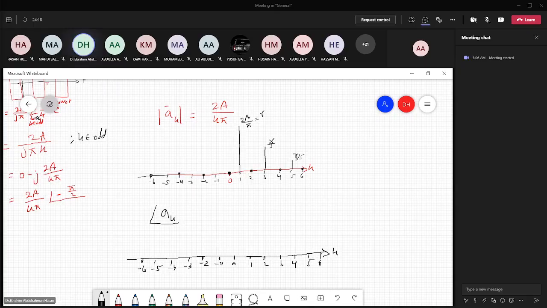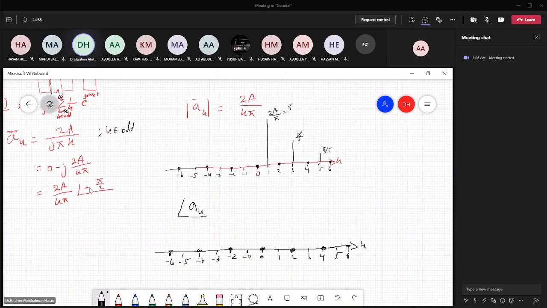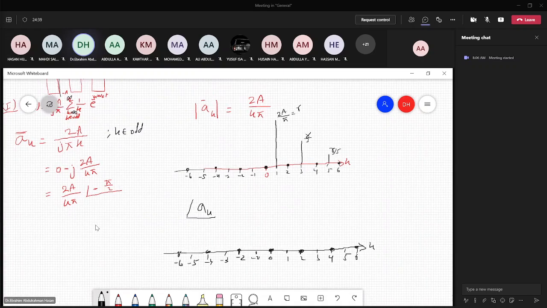Again, the angle of k is equal to 0 for even, so here 0, 0, 0, 0. Okay, notice here: we assume that for the first part k is positive, so then we get minus pi over 2.